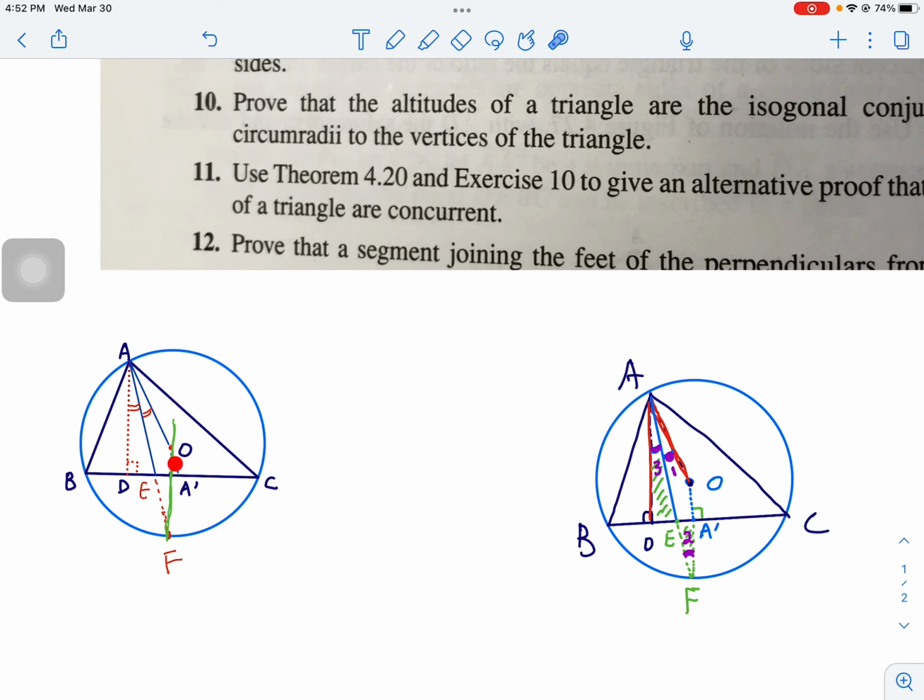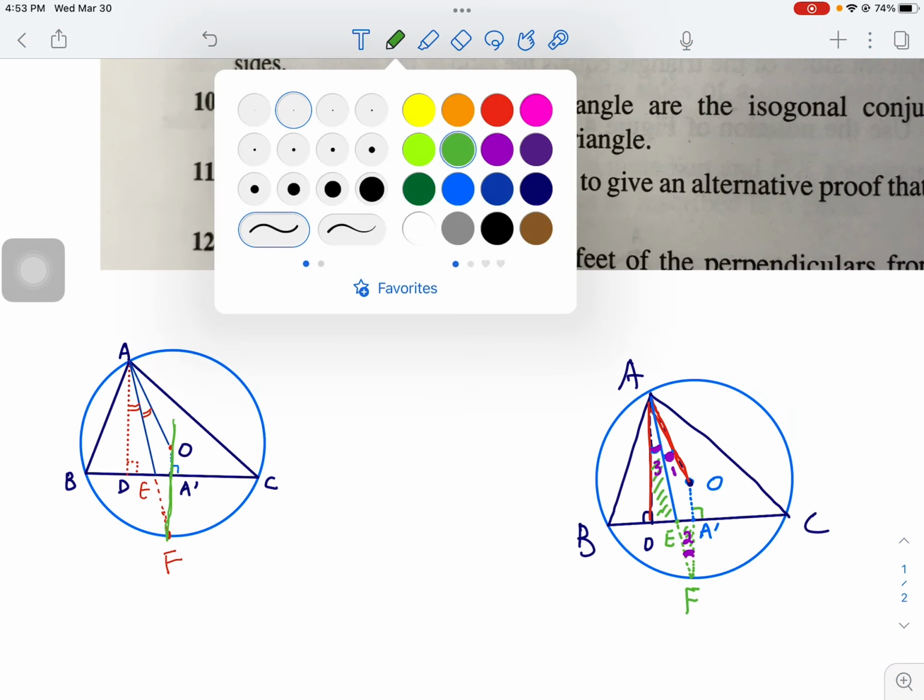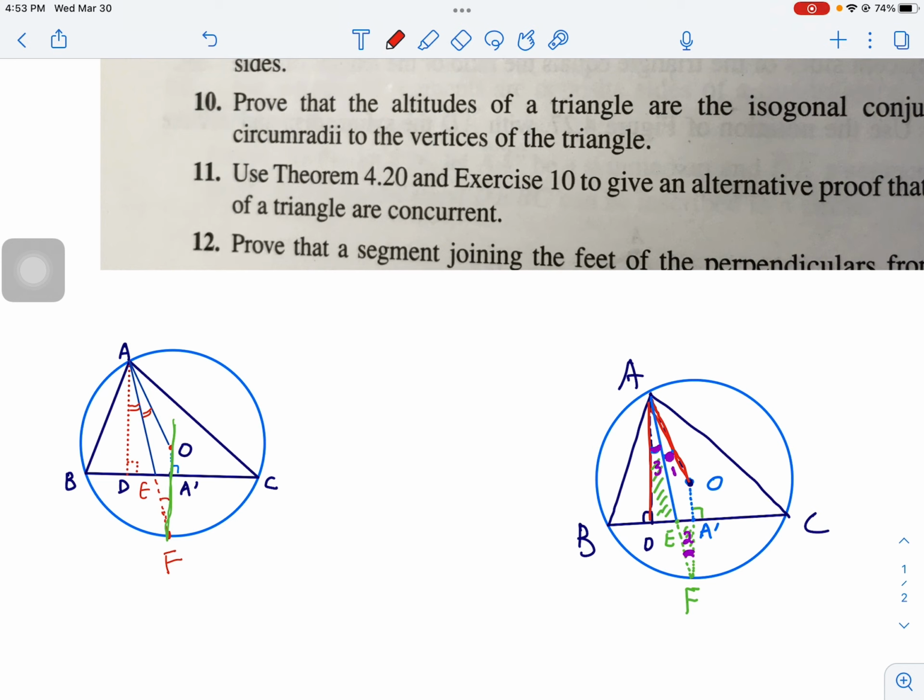That means this will be 90 degrees, and this altitude certainly forms a 90-degree angle to segment BC. Therefore, these two lines are parallel, right? They're parallel.